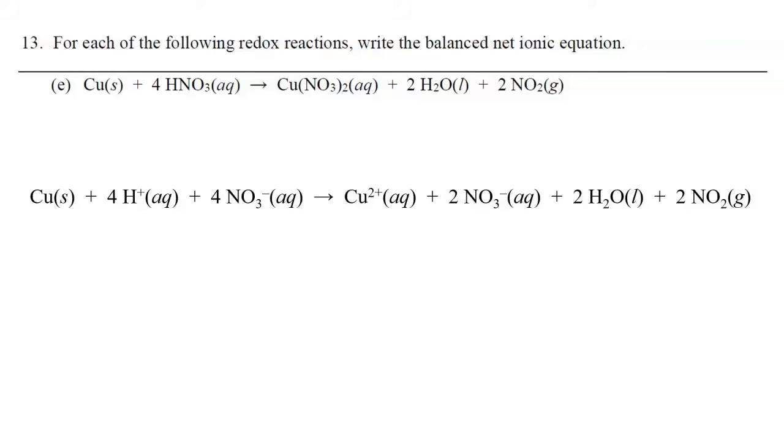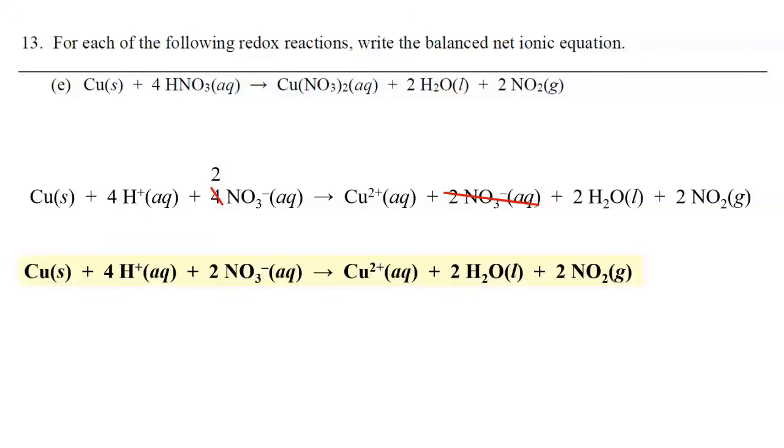So we can't cross off all the nitrate ions, but we do change that coefficient on the left from a 4 to a 2. So there is a net 2 nitrate ions on the left. And again, that now becomes our final answer for our net ionic equation. All of these net ionic equations are balanced in terms of both atoms and charge.